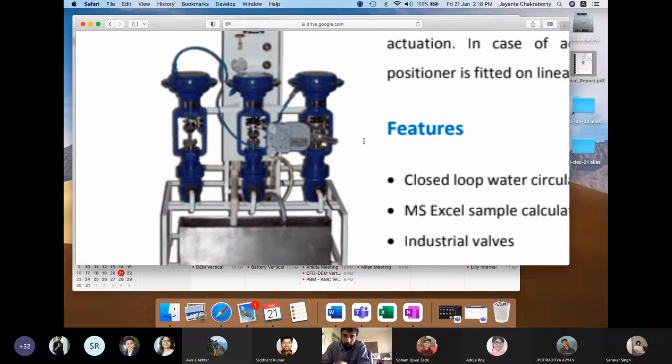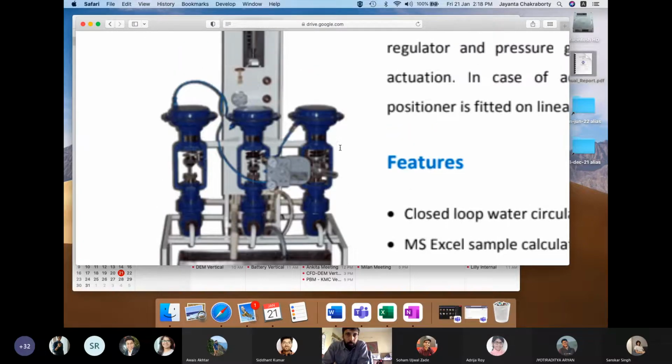So the valve positioner takes the pneumatic signal and then moves the stem accordingly without relying on the diaphragm. So that's what the positioner is. A little more detail is available in the manual. But first, let us see the flow arrangement.